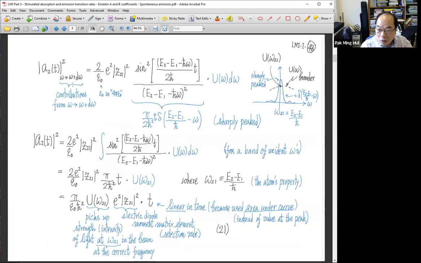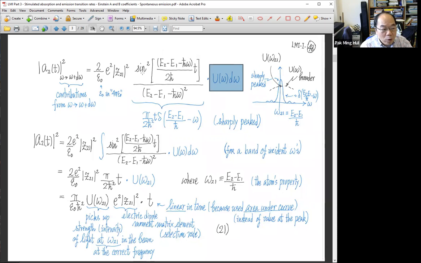Therefore, I can write the following. For frequencies that lie within the interval omega to omega plus d omega, I can regard them all the same as omega in this tiny range. This is the energy density. So this plays the role of U of omega before, but now I'm preparing for a distribution.